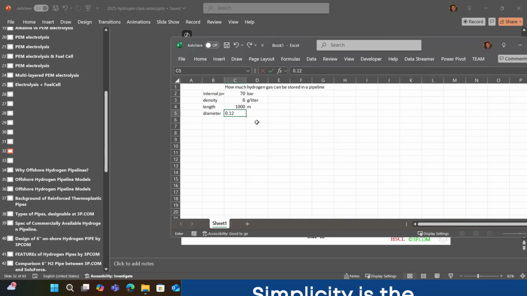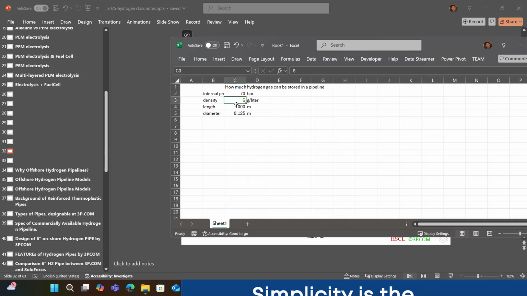5 inch is 0.125 meter. Okay, very simple. We have a pipeline with an inner diameter 125 millimeter, which is about 5 inches, and then length will be 1,000 meter.